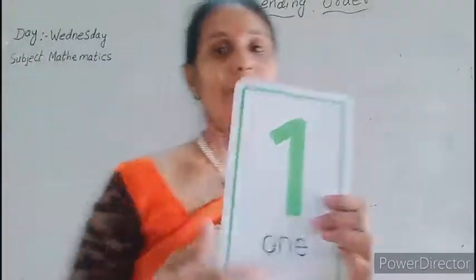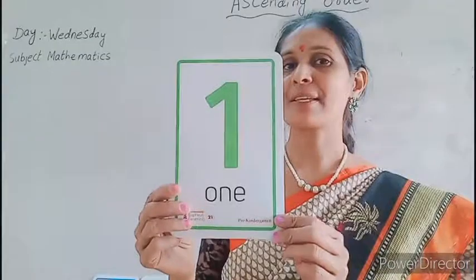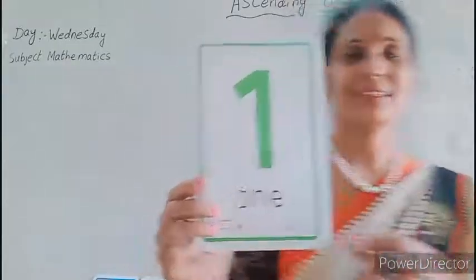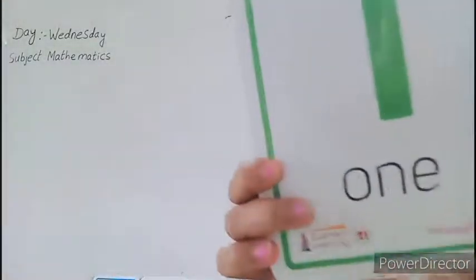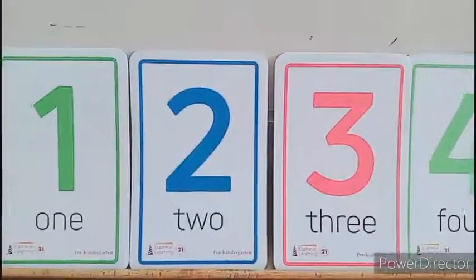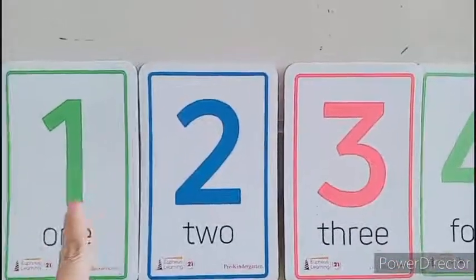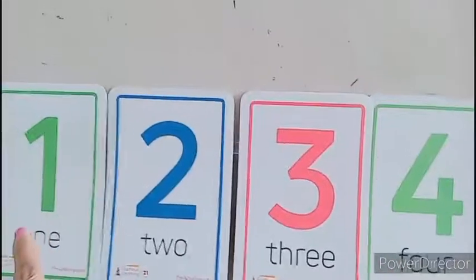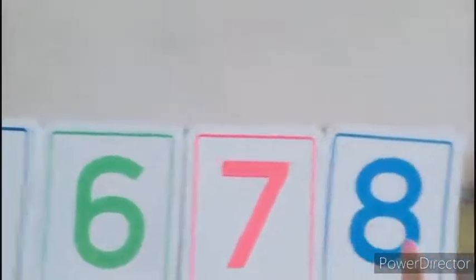At the very first, which number is this? 1. Ascending order means small number to big number: 1, 2, 3, 4, 5, 6, 7, 8, 9 and 10.